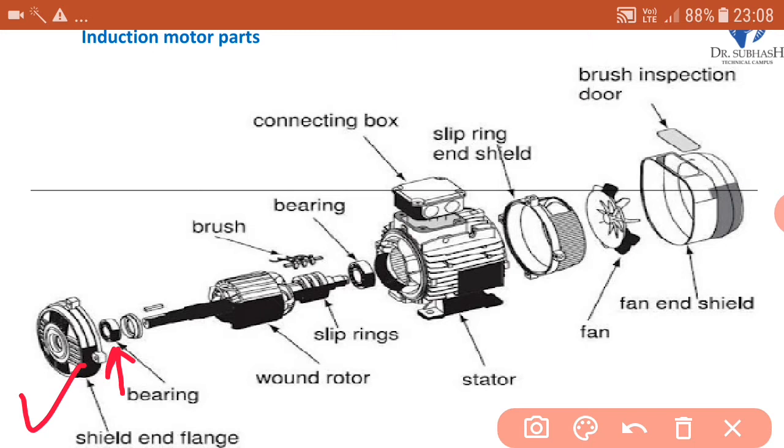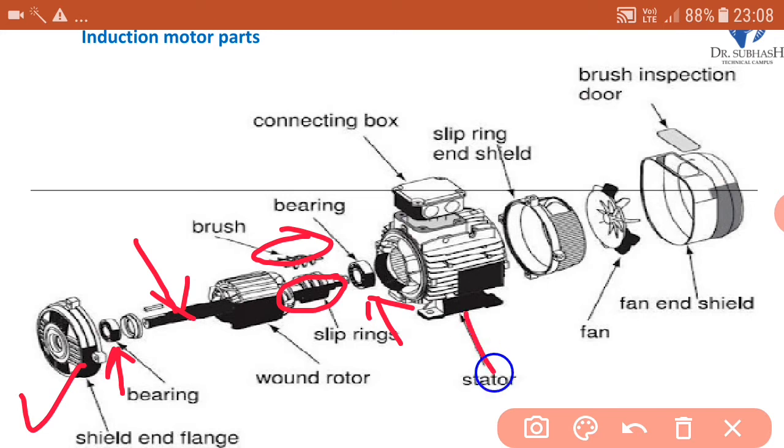Then we can see the shaft. It is a shaft, and it is a wound rotor. Because of the wound rotor, there are slip rings and brushes also present. And on the other side also there is a bearing. Generally a ball bearing is used in an induction motor.